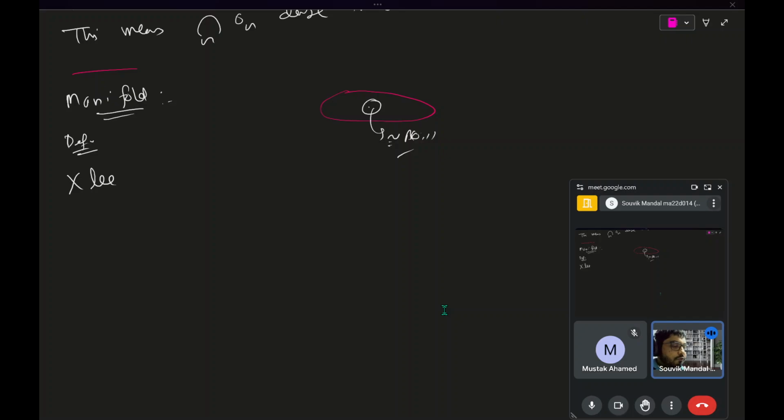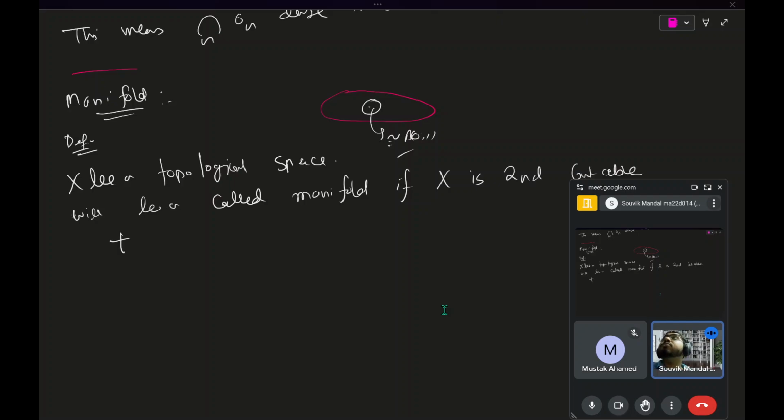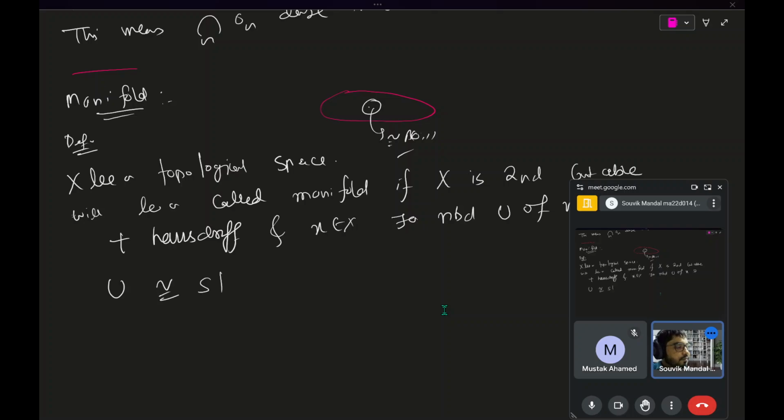It will be called a manifold if X is second countable plus Hausdorff, and if we take any point in X, there exists a neighborhood U of it such that U is homeomorphic to the standard ball in R^n, that is B^n(0,1).